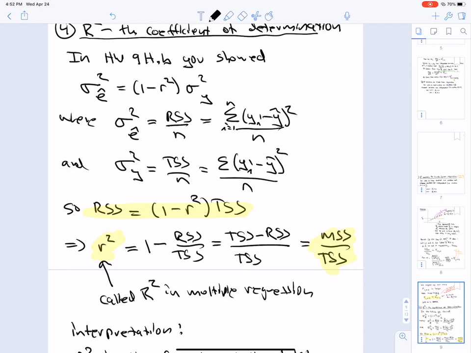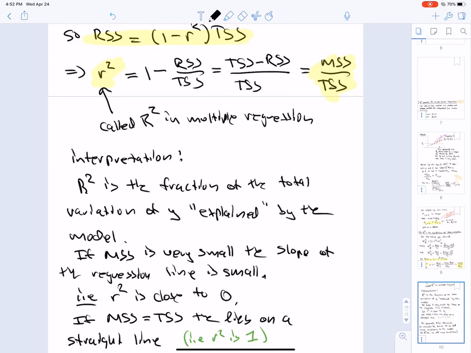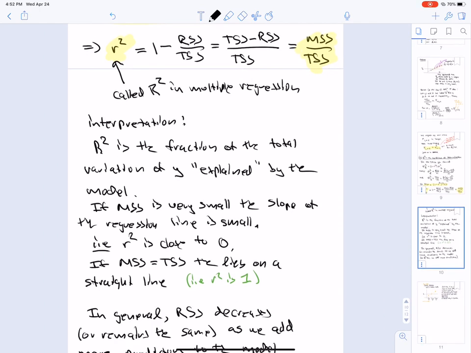What this basically gives us is that the RSS is 1 minus R squared times TSS, or that the R squared is MSS over TSS. And R squared is called capital R squared in multiple regression. It has the interpretation that it's the fraction of the total variation of y explained by your model.